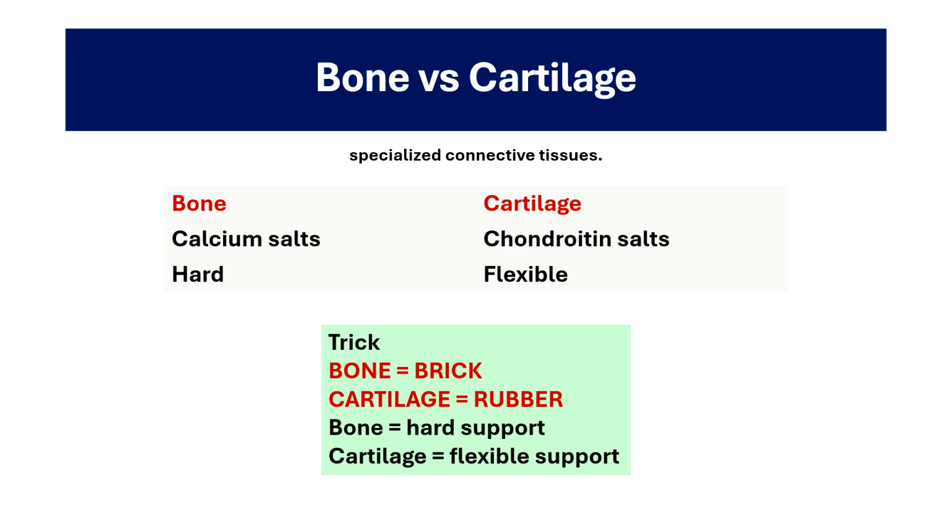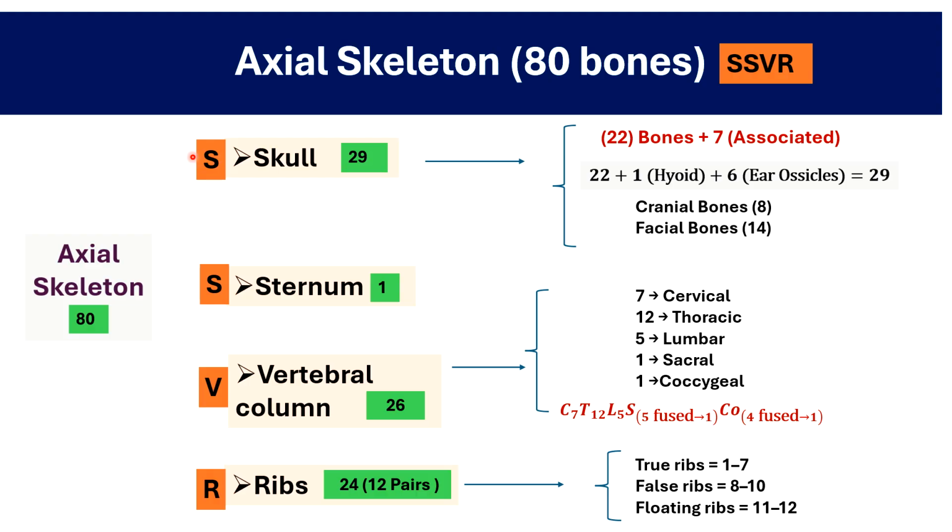The axial skeleton, as I already told, is present along the body axis and is made up of 80 bones. It is composed of SSVR: skull, sternum, vertebral column and the ribs. The skull is composed of 29 bones: 22 bones present in the cranium and the face region, plus 7 associated.